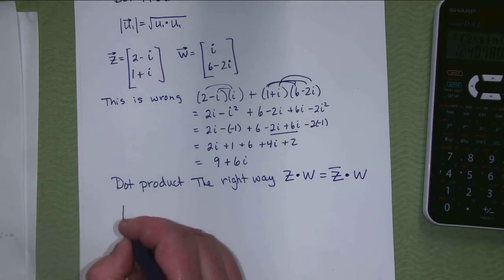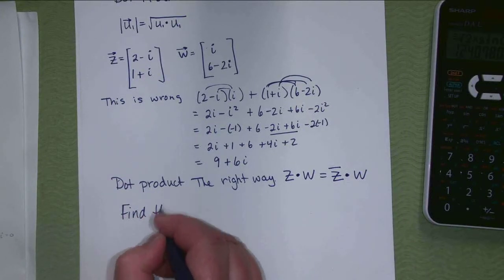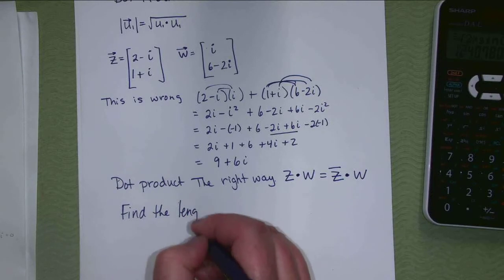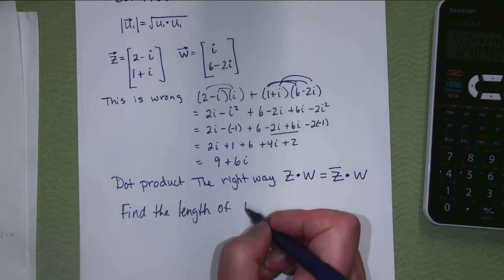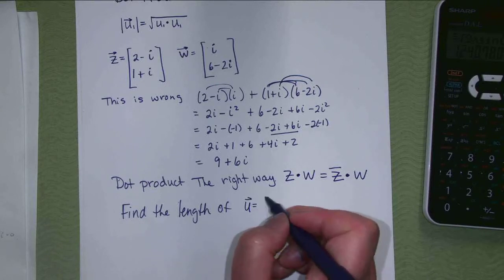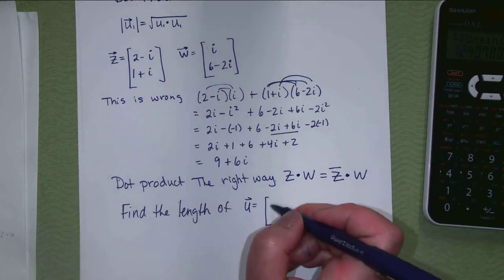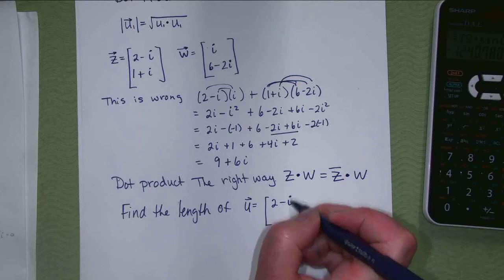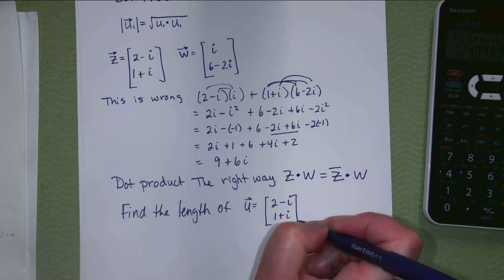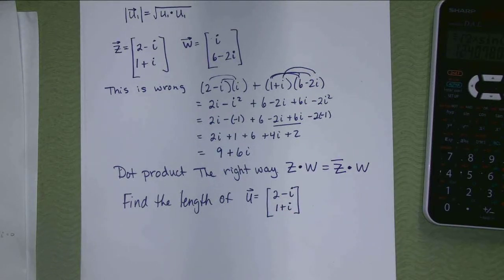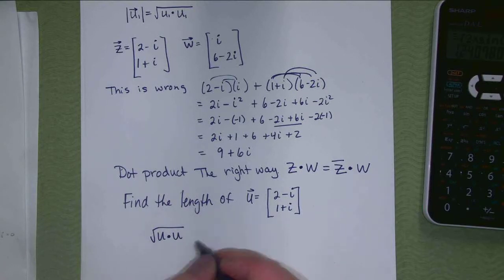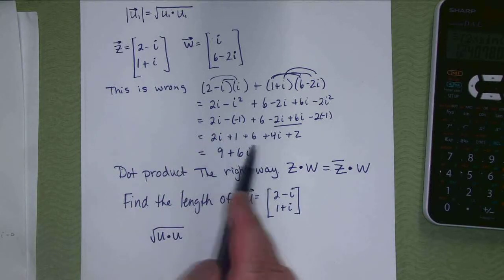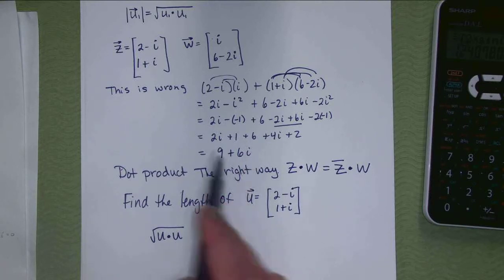I'm saying if we wanted to find the length of the vector, the normal way would be u dot u and take the square root of that. But if we do that, just like we did here, you can get i's in it, and then it's a complex number and it's not a length.